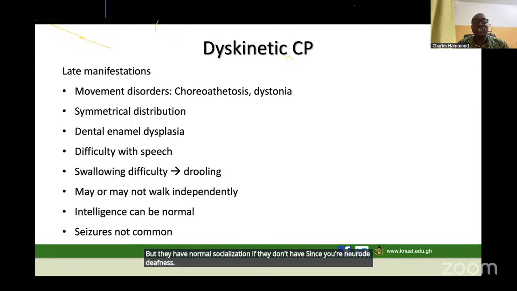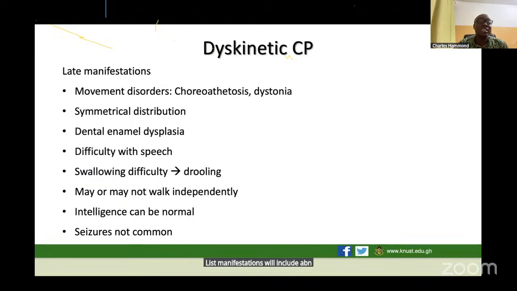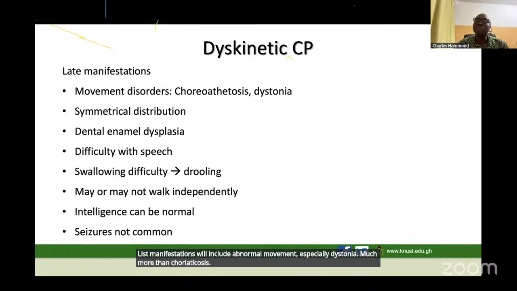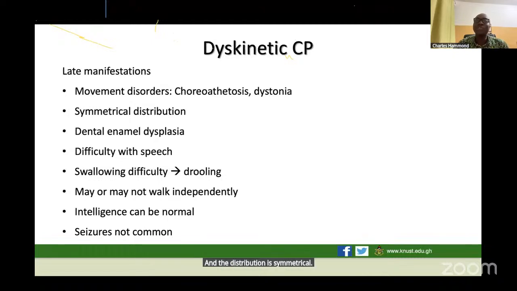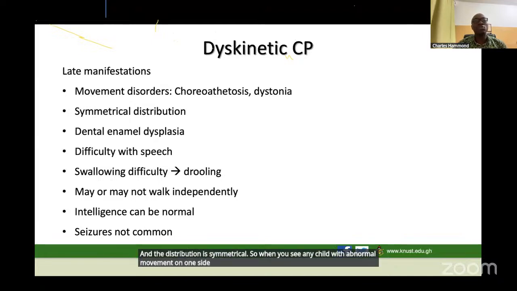Late manifestations will include abnormal movement, especially dystonia, much more than choreoathetosis. And the distribution is symmetrical. So when you see any child with abnormal movement on one side, don't be too quick to say that this is dyskinetic cerebral palsy, because they tend to have symmetrical distribution.